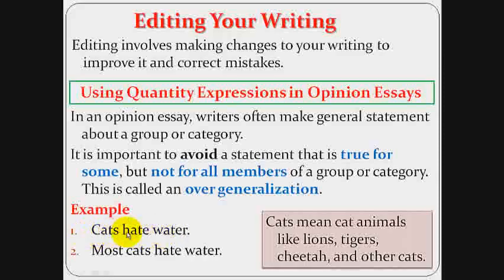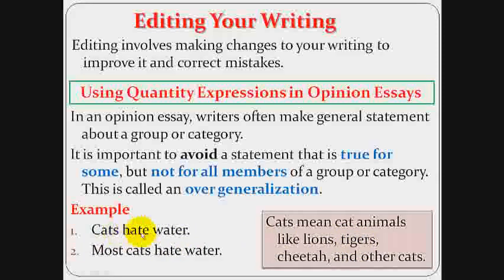So it is overgeneralization, because among the cat animals we have tigers, and tigers are very good swimmers. They like to be in water, and this statement is saying they hate water, and we know that tigers like to swim and stay in water.